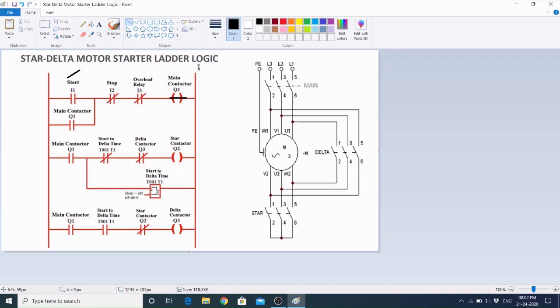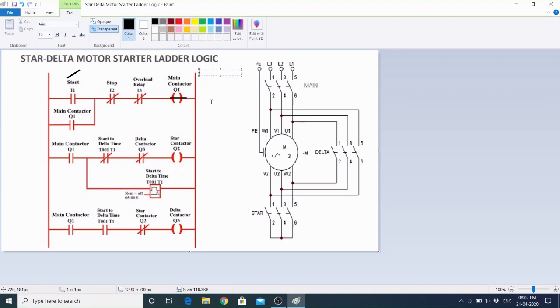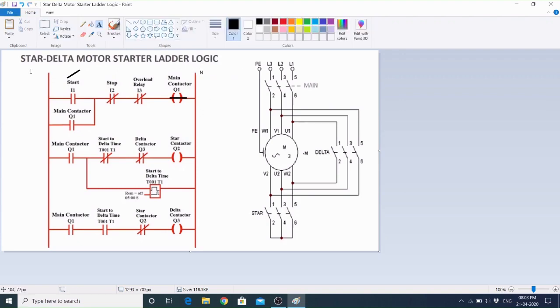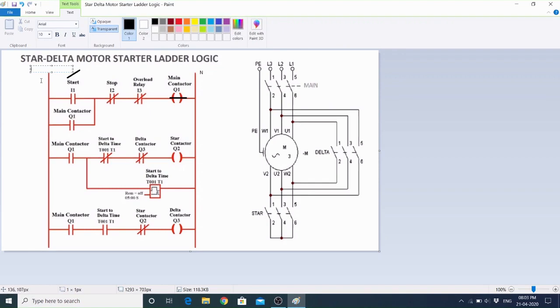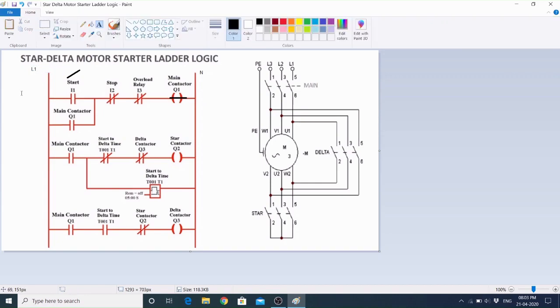If we call this neutral and this the phase, any one of L1, L2 or L3, then this will be a closed circuit and the main contactor will energize.